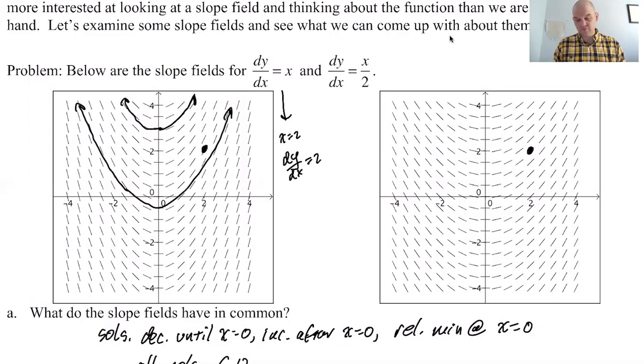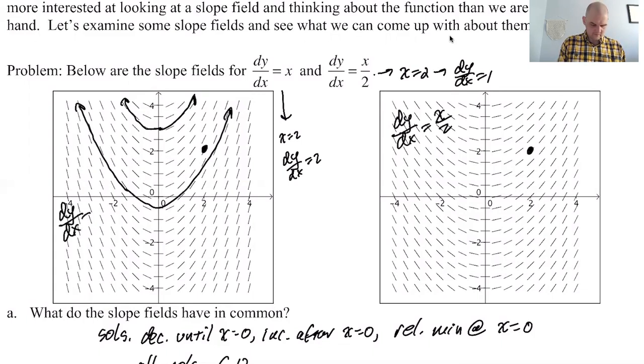So it's steep-ish. Here, if x equals 2, then dy/dx will equal 1. It's less steep. So which of these is less steep at the point (2, 2)? This must be x over 2, and this must be x. So finding where the slope is 0 doesn't actually help in this case.